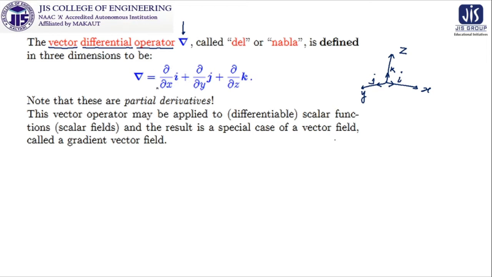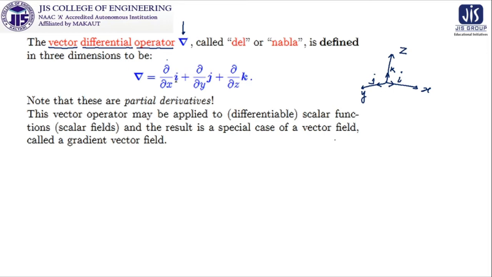It is del x. You are differentiating partially with respect to x, but whom? It is not mentioned here. So it is simply an operator. You have to operate this on something. Please keep this information in your mind. As of now, del x, del y, del z, you have to operate on something.